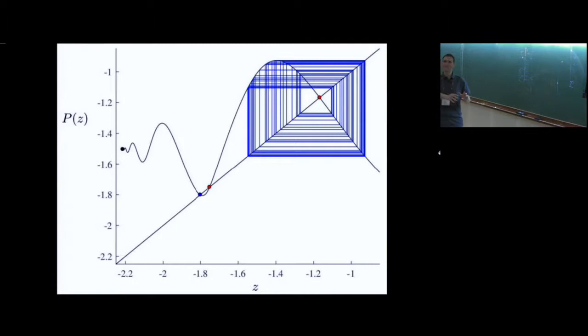You'll notice it's a smooth map. So we have our piecewise smooth system, we've done a Poincare map, and the map is smooth.